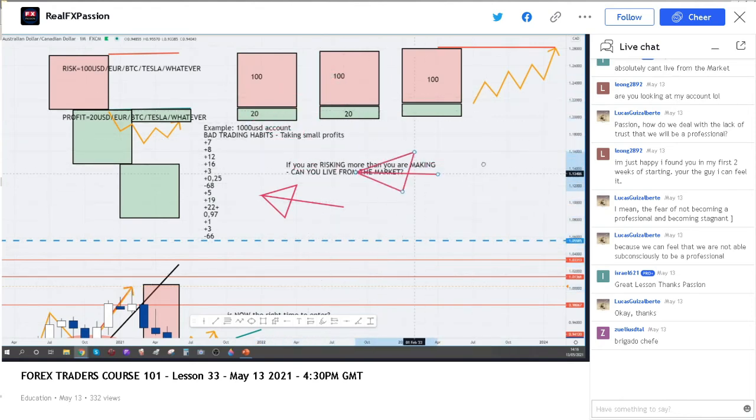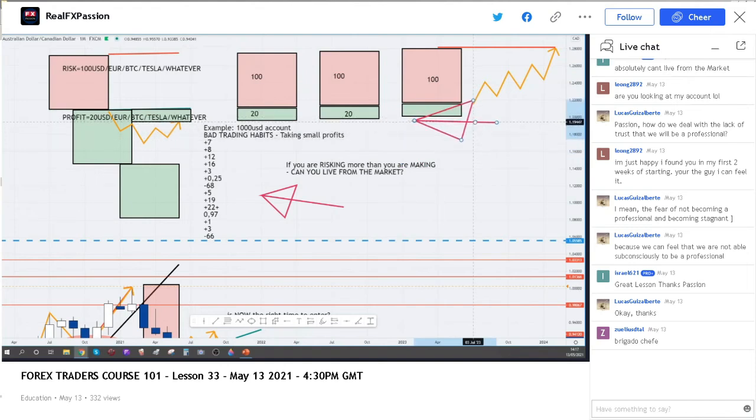You can tell me anything and everything, I'm going to always ask you the same thing. And this is what the manager in an investment bank or in a hedge fund or in a brokerage house who are trading is going to ask you too. Can you live from the market, not make money occasionally, but live from the market risking more than making?